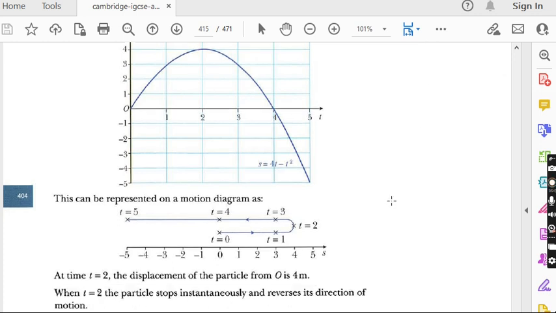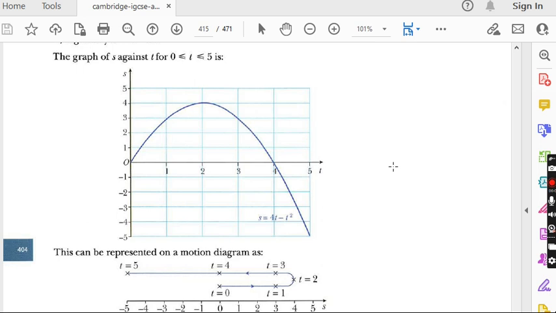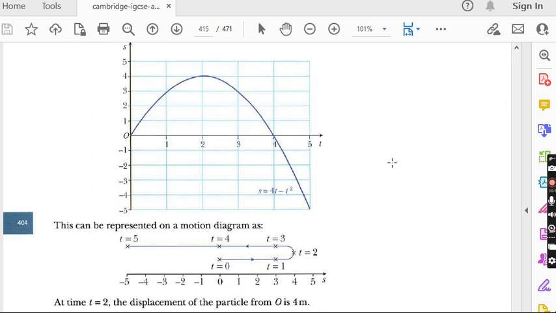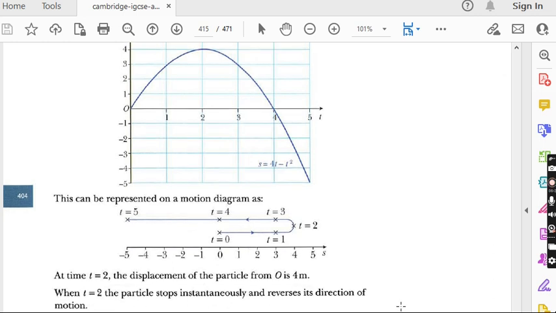At t equals 2, the displacement is 4. This is the graph, and in the motion diagram you can also see that when t equals 2, the displacement is 4 meters. Focus on this cross. At t equals 1, the displacement is 3 meters.